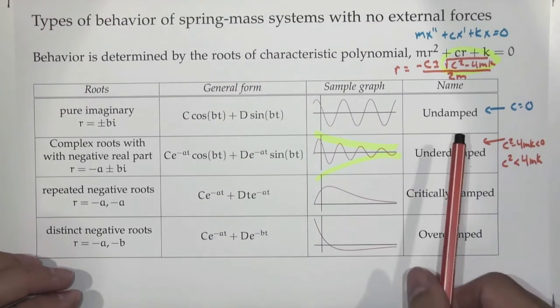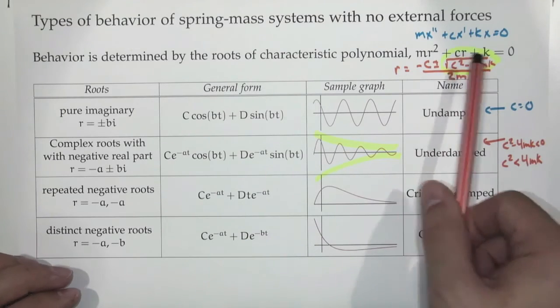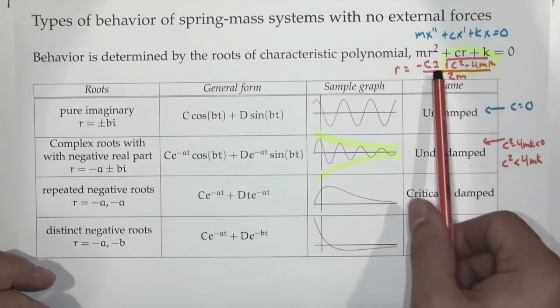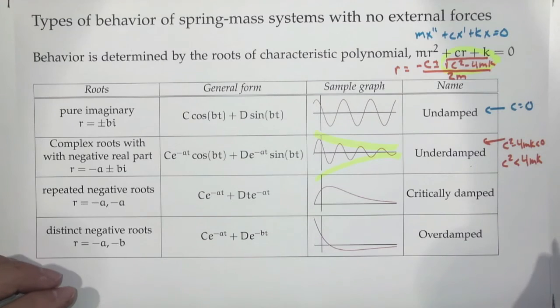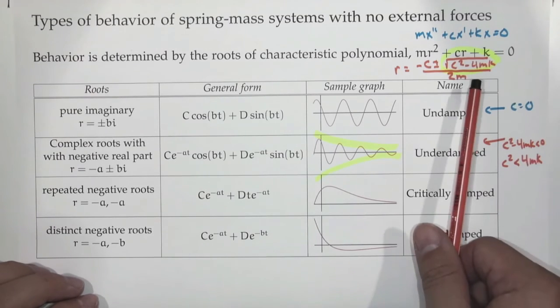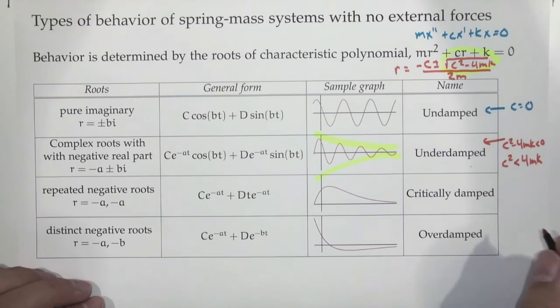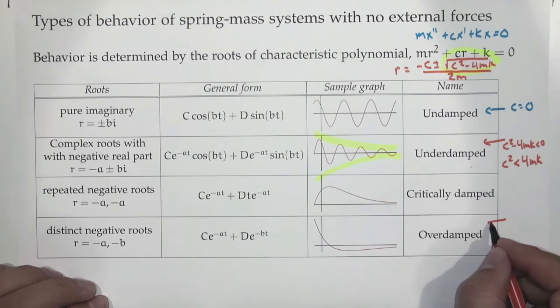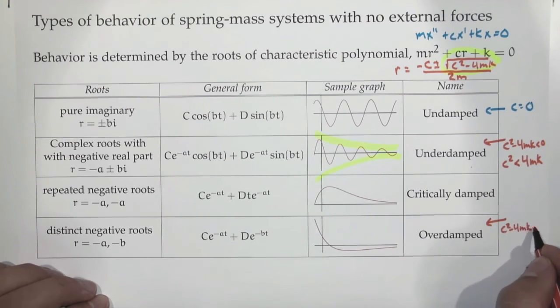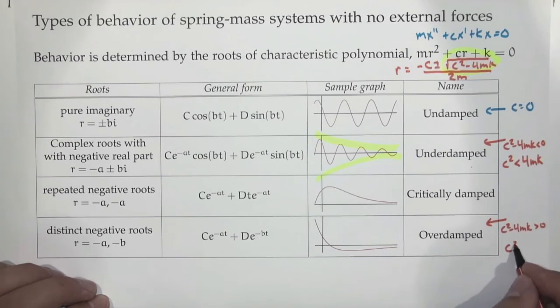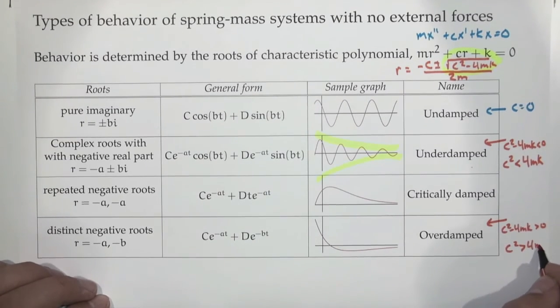If we want two different real roots, what needs to be inside of our square root? It should be a positive number. So overdamping is basically going to be the opposite. So when c squared minus 4mk is positive, or c squared is above 4mk.